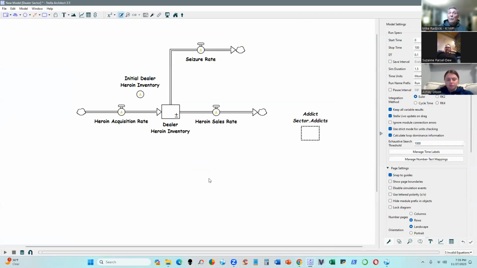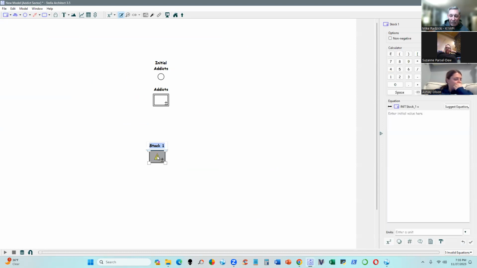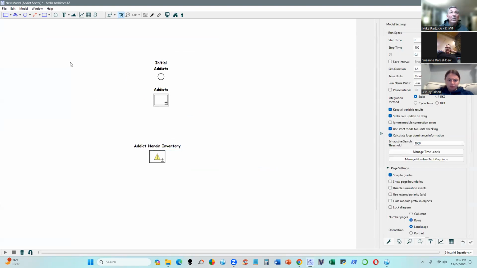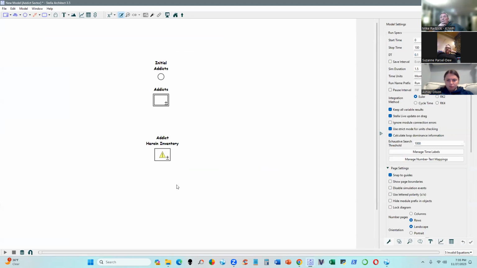So we said that that was part of our brainstorming. Now, that doesn't mean it has to go into the model, but let's just, for the sake of argument, say so. What would be some flows in and out of here? Use rate.